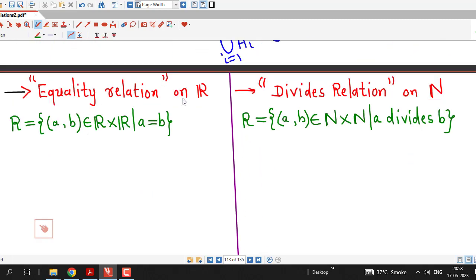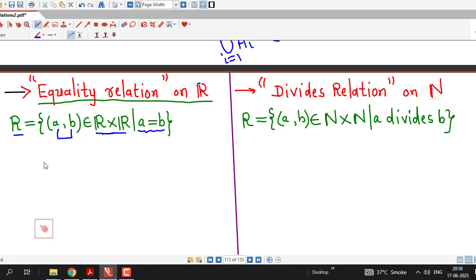Here I have taken two relations and we will see whether they are equivalence relations or not. The first one is the equality relation on the set of real numbers. That is, the relation is a subset of R cross R, and it is the equality relation. That means we are considering all those ordered pairs for which both components are equal.